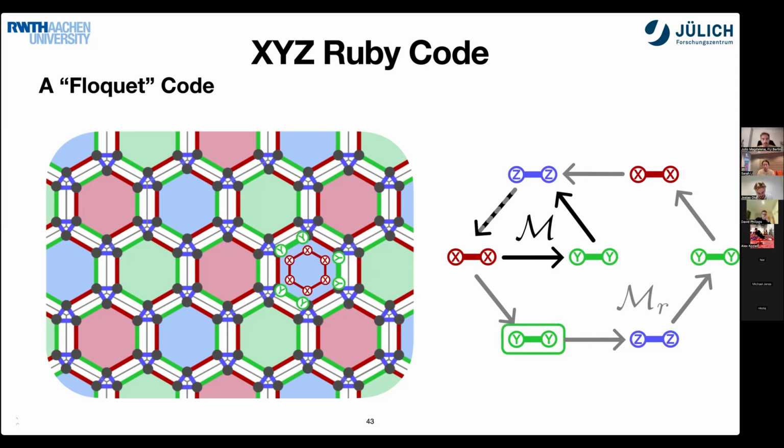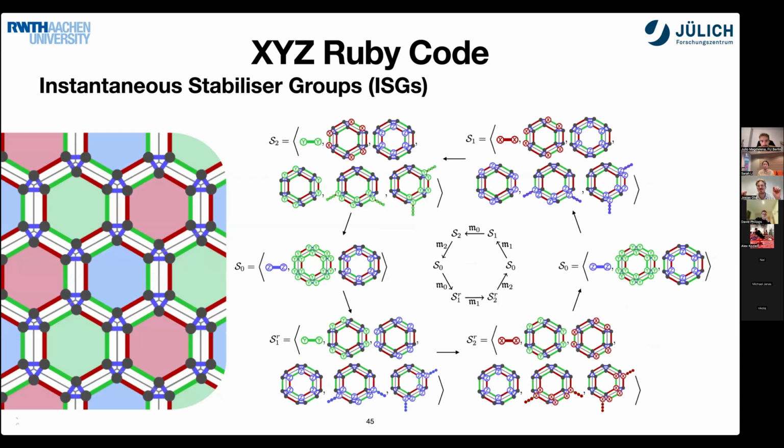Then these Y edges anti-commute and the X operator anti-commutes as well. However, the product of Y and X, which is the Z operator, commutes with the Z measurements and will survive in the stabilizer group. This you will have to do for all the possible operators to find generating groups and then check whether it works. It's doable, but you can also make a lot of small little mistakes.